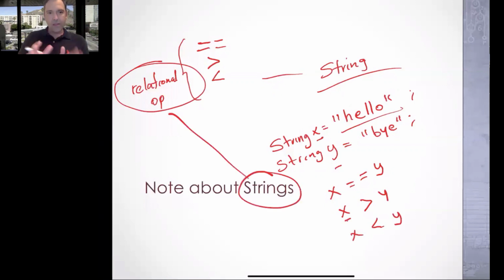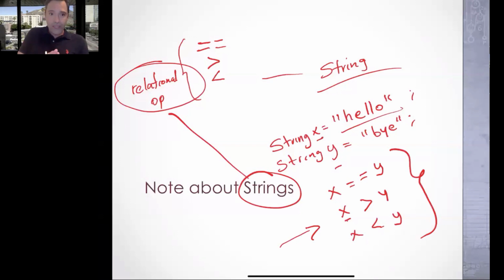That is the particular topic that I want to talk about quickly. So number one, the most important, you cannot use relational operators with strings. You cannot do those things. Those things in your program are going to be a compilation error. So this is an error.